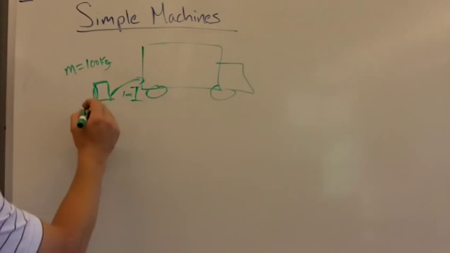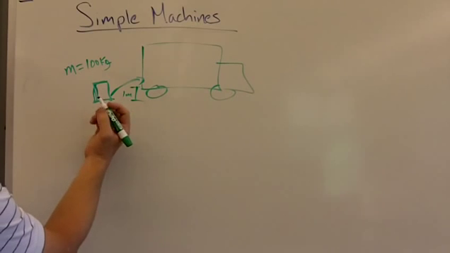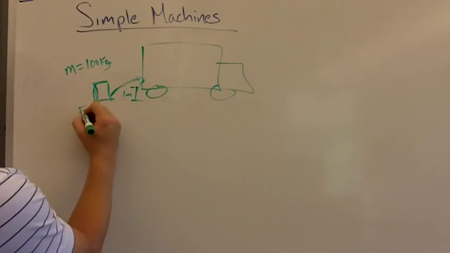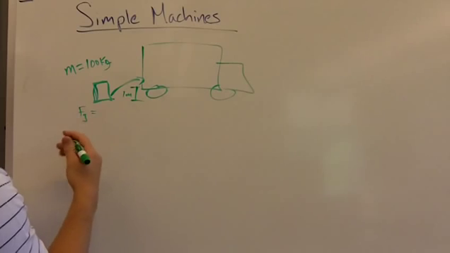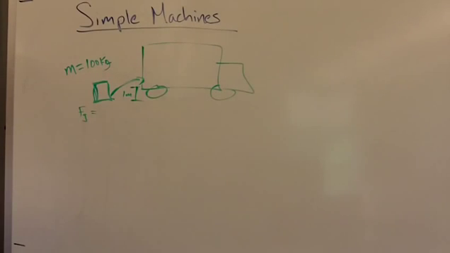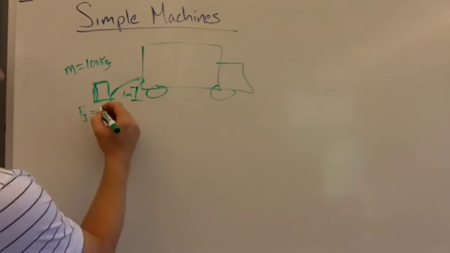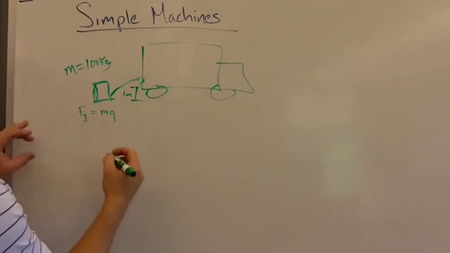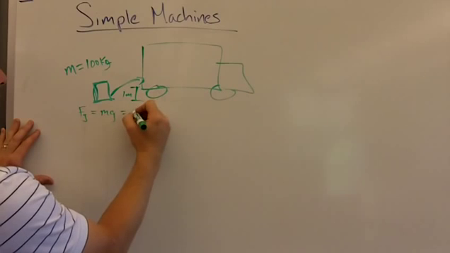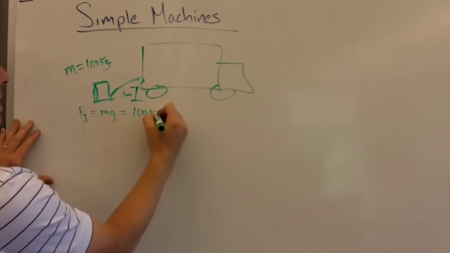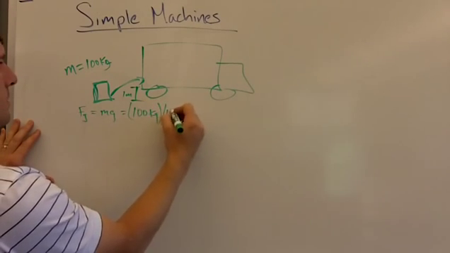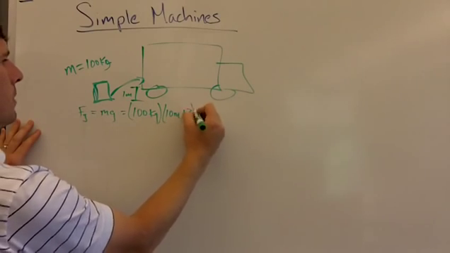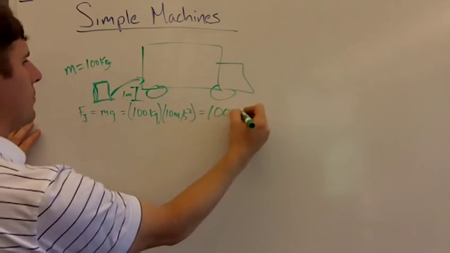First we say, what is the weight of this refrigerator? The weight is the force that we would need to apply to lift it up onto the back of the truck. Weight is mass times gravity, which is 100 kilograms times 10 meters per second squared, which we'll say is 1,000 newtons.